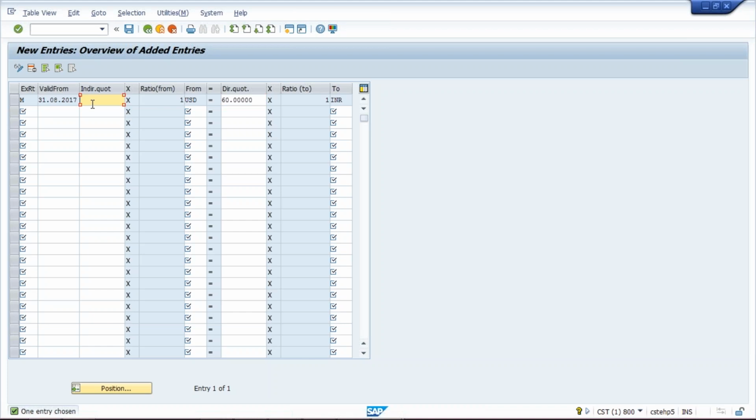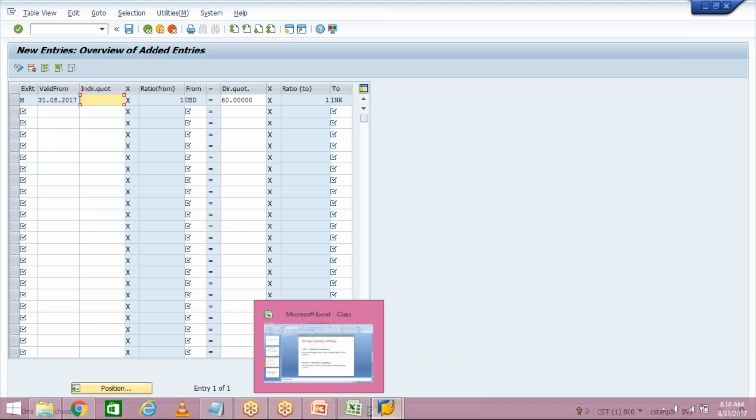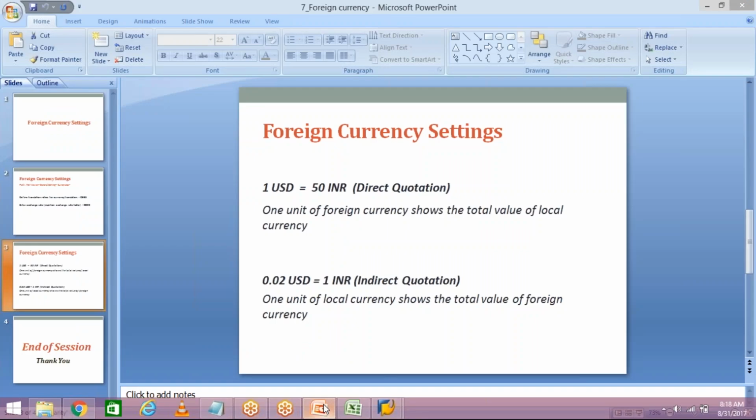If somebody asks what is the difference between direct quotation and indirect quotation, both are methods to specify the value of foreign currency.